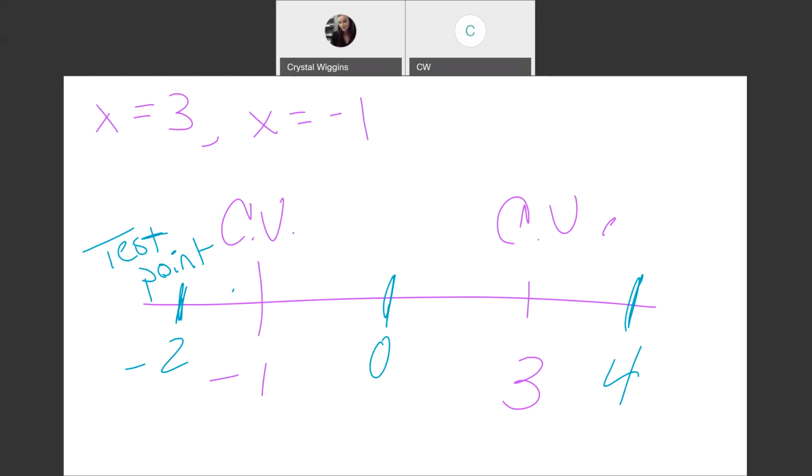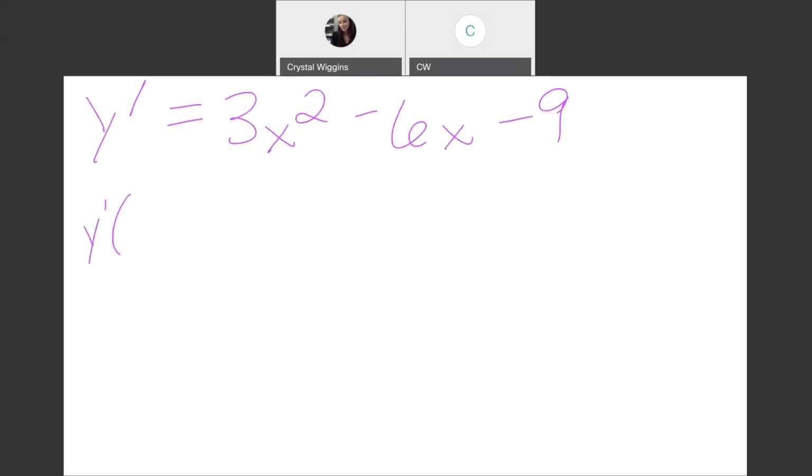So let's do that now. Okay, so recall that our derivative was 3x squared minus 6x minus 9, and we are testing these three test points. So we have the derivative tested at -2 is what we're doing first.